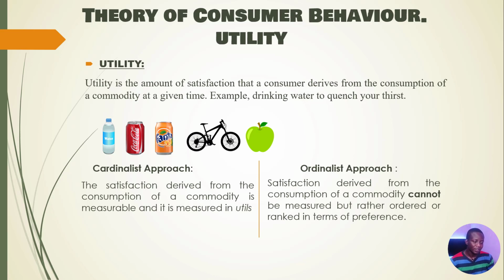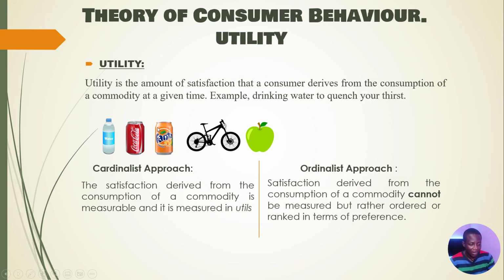In contrast, the ordinalist approach says no, the satisfaction that one derives from consumption of a commodity cannot be measured, but rather it can be ranked. Thus, between Coke and Fanta, you can say, okay, maybe I prefer Coca-Cola to Fanta, but you can't assign a value to it.